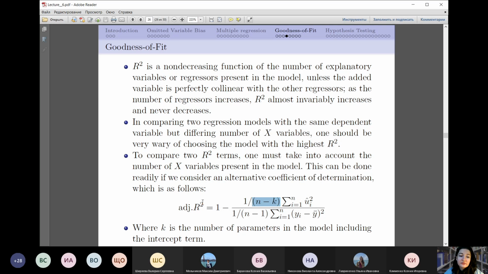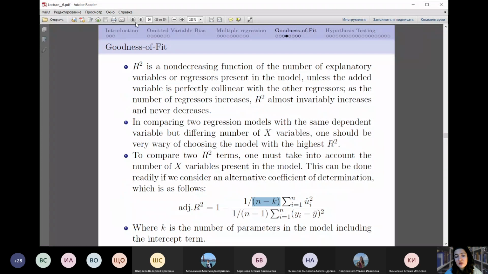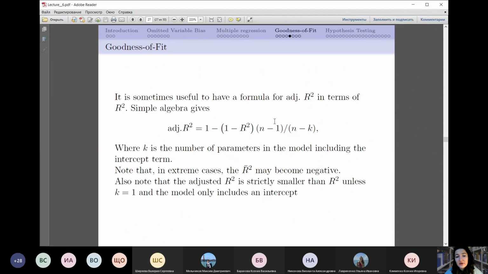Also, you can take a look at the adjusted R squared in terms of R squared. Maybe this formula looks better for you than the previous one, because you can use just R squared and then adjust for the degrees of freedom and the number of observations.